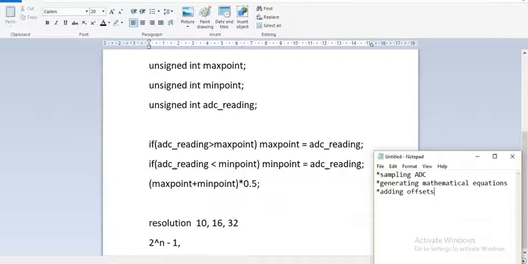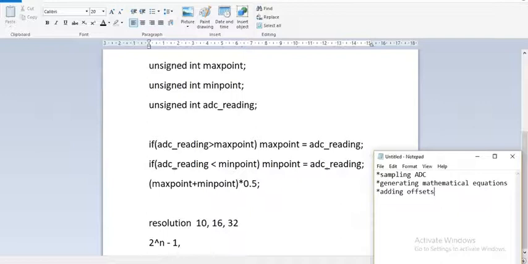That's generating mathematical equations. Adding offsets. What are offsets? Offset is just a number or variable that you add to a particular equation or function to get a reasonable value. You can decide to add or subtract an offset.